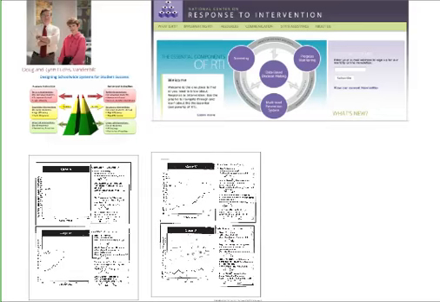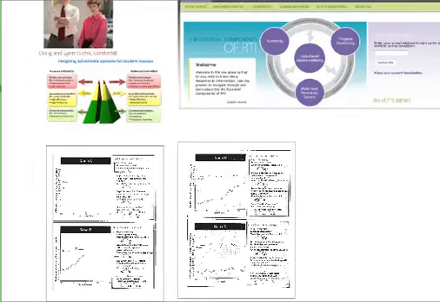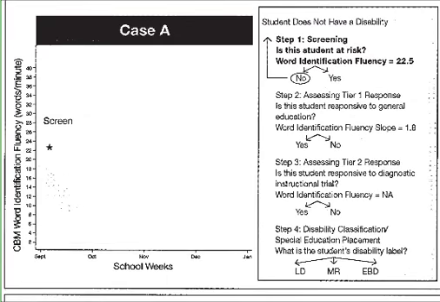They also received a federal grant to develop the National Center on Responsiveness to Intervention. Here's an example of how the responsiveness to intervention model uses that prevention logic to possibly identify a student as having a disability, rather than the way that we traditionally identify kids in special education.